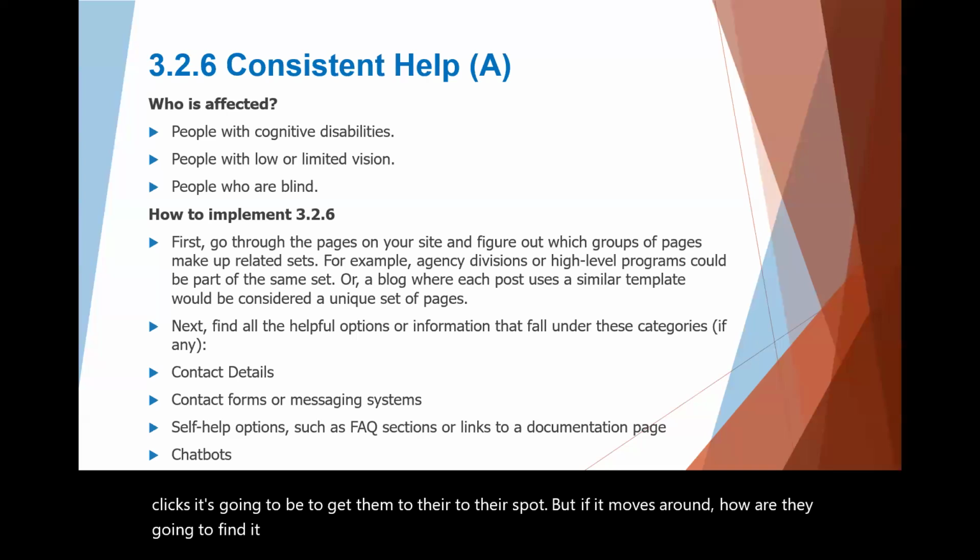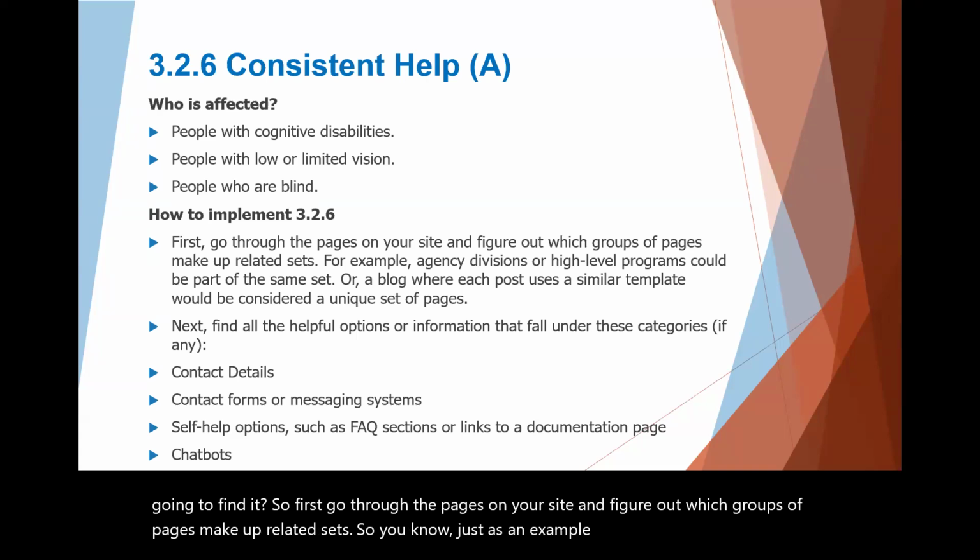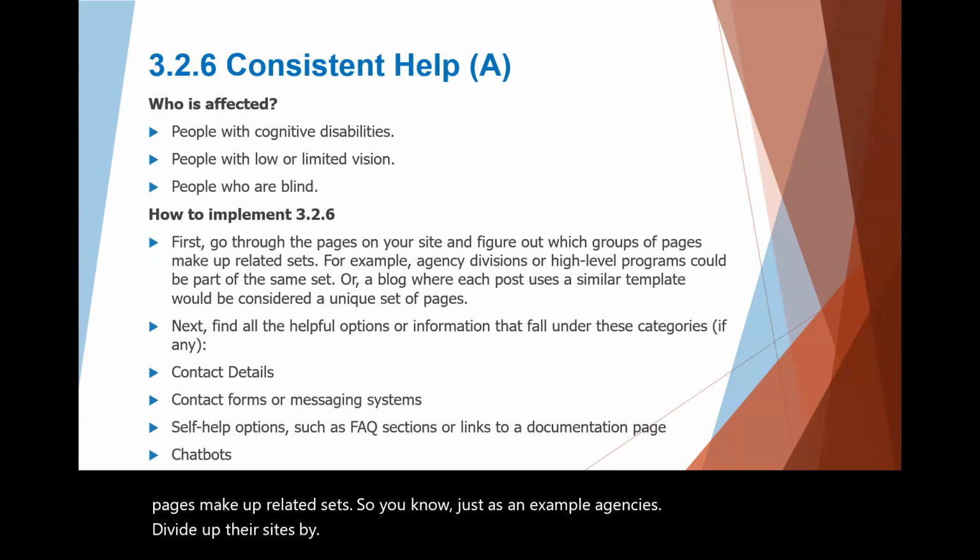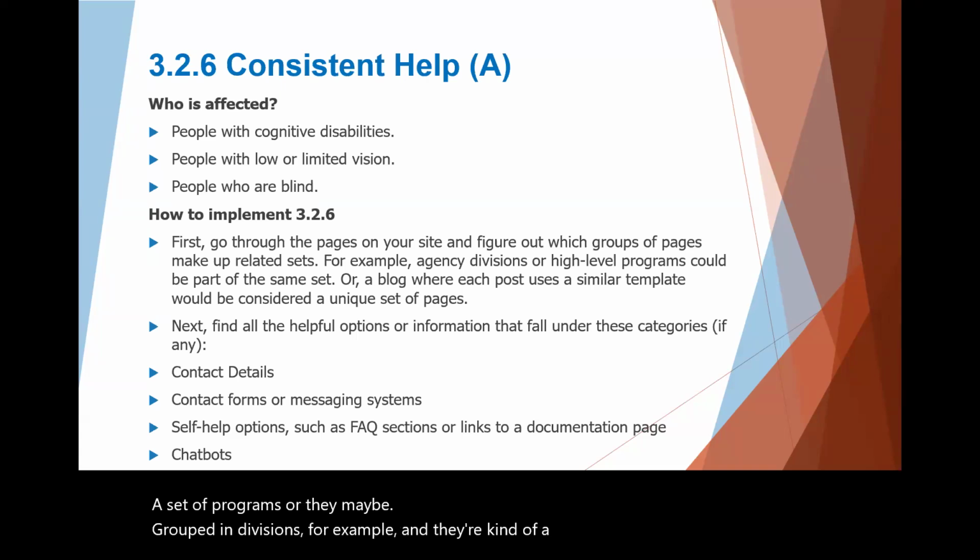So first, go through the pages on your site and figure out which groups of pages make up related sets. As an example, agencies divide up their sites by a set of programs, or they may be grouped in divisions, and they're a set of pages.